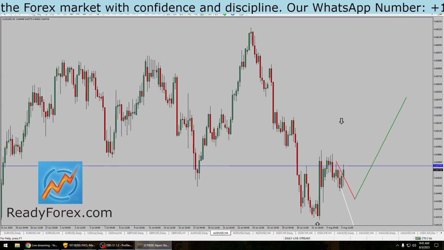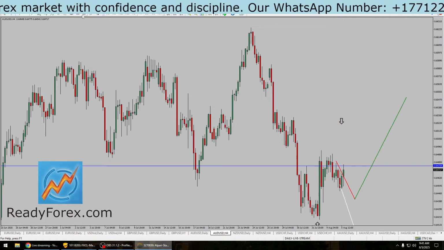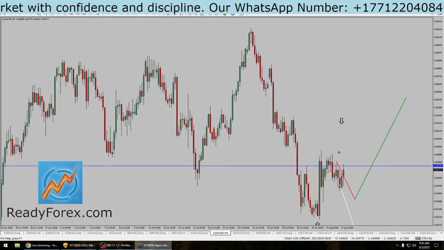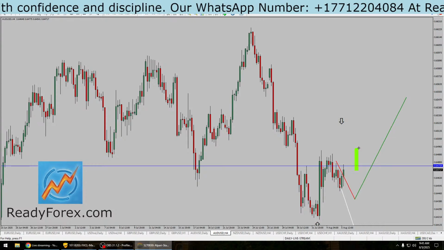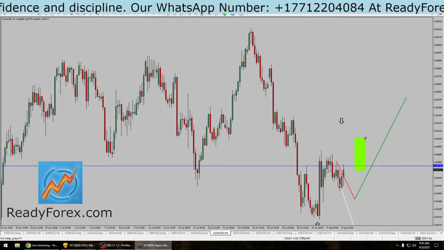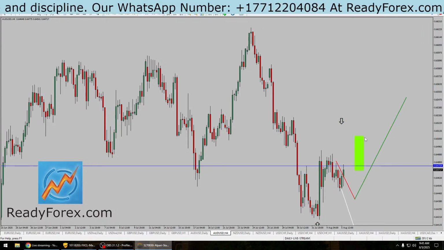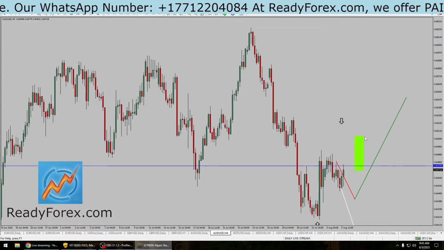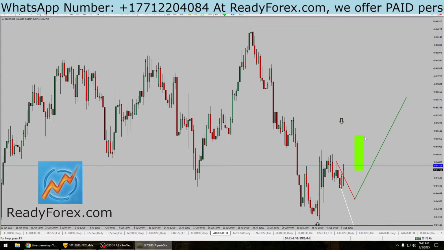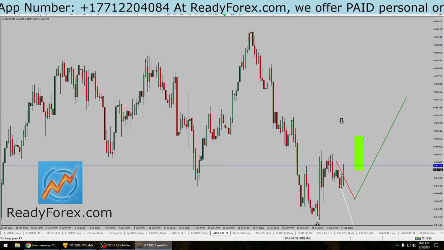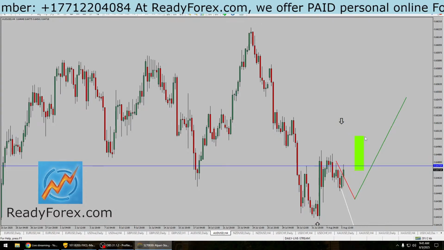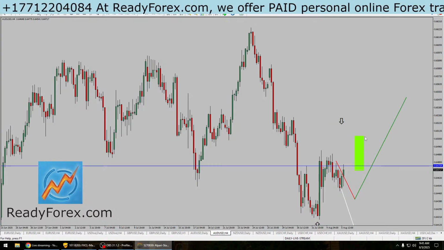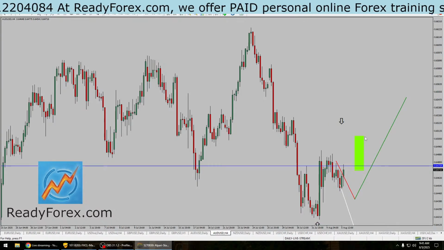However, let's say we get a bullish breakout and the market tries to close some kind of a big body candlestick over here, then obviously the chances are high that the downtrend is going to end. But other than that, to me, it's a downtrend in the 4-hour chart of the Aussie dollar currency pair.